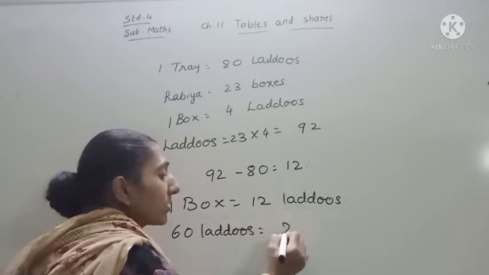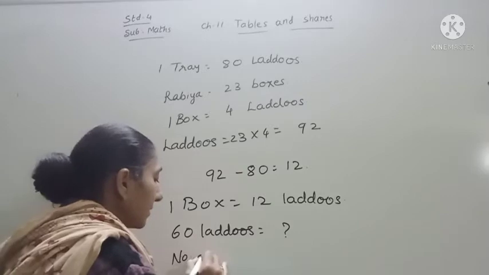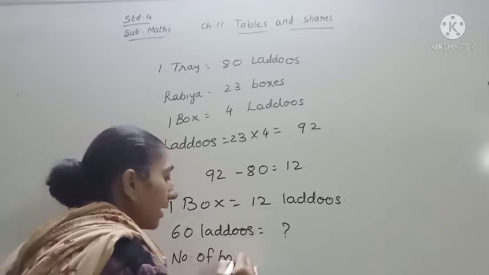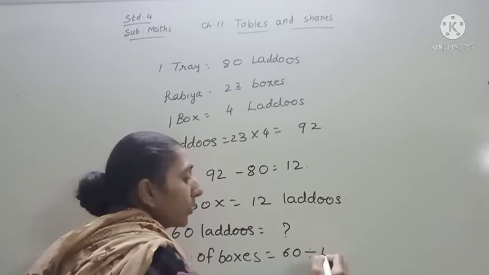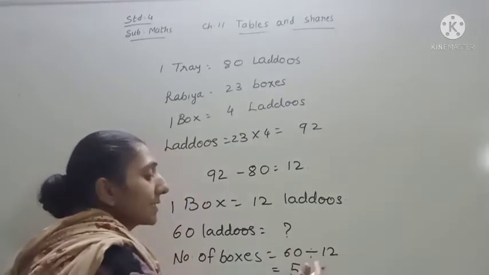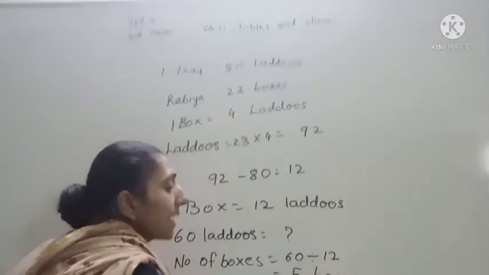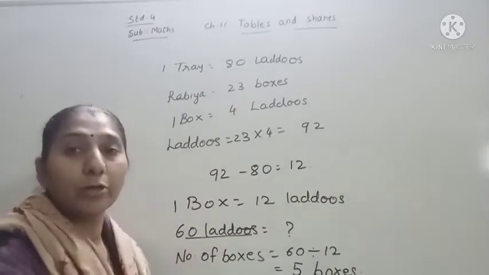So number of boxes is equal to 60 divided by 12 is equal to 5. 12 fives are 60. So 5 boxes are needed to pack 60 laddus.